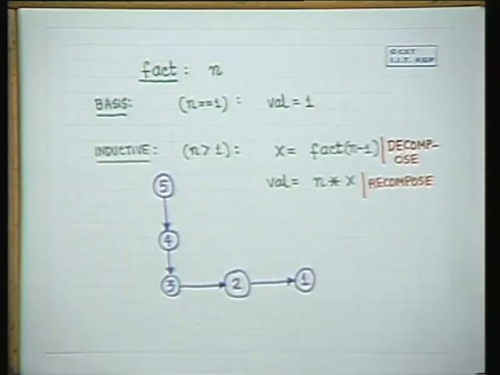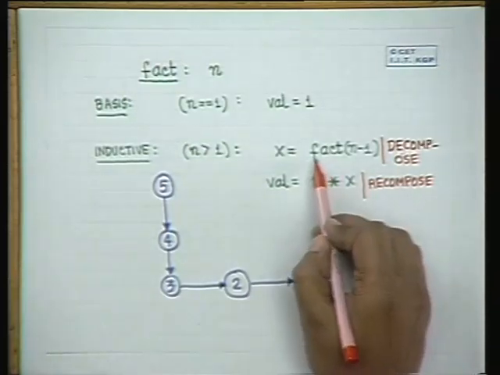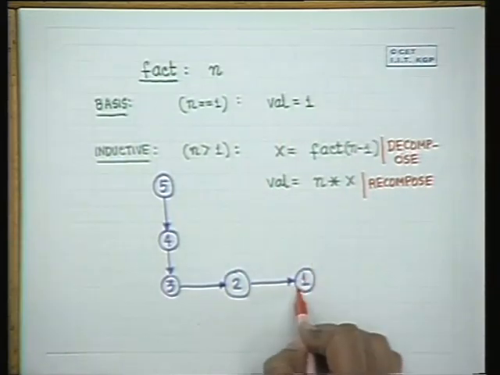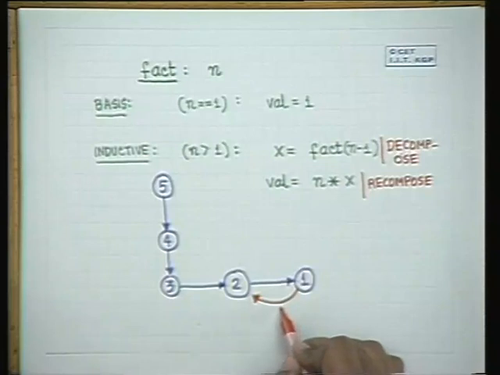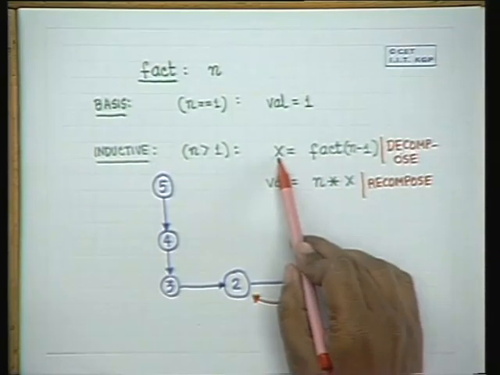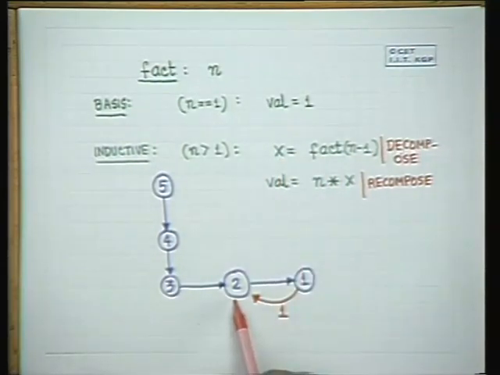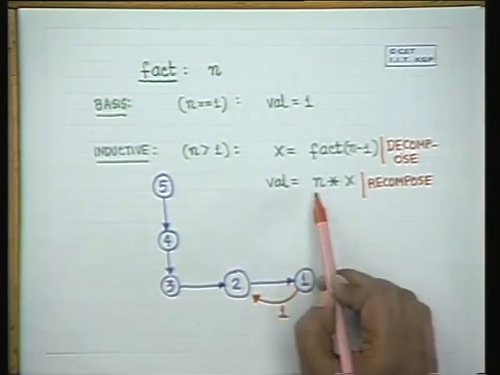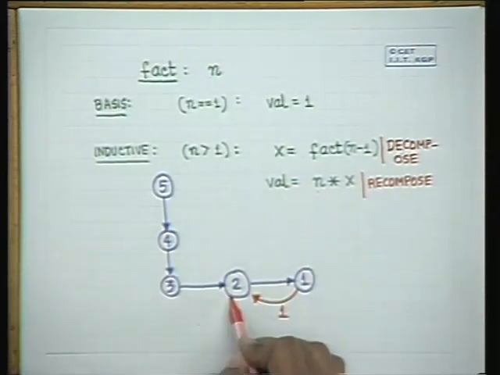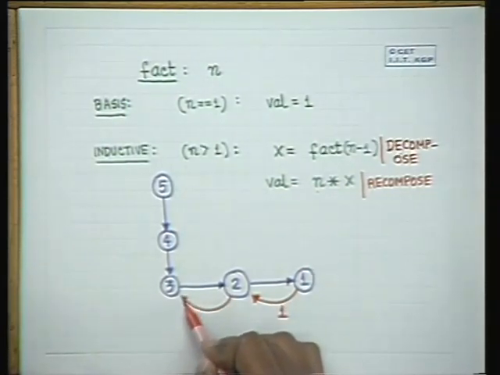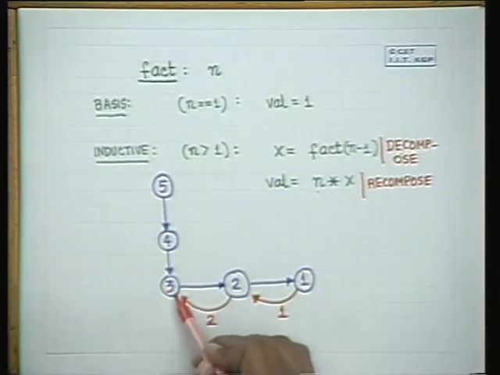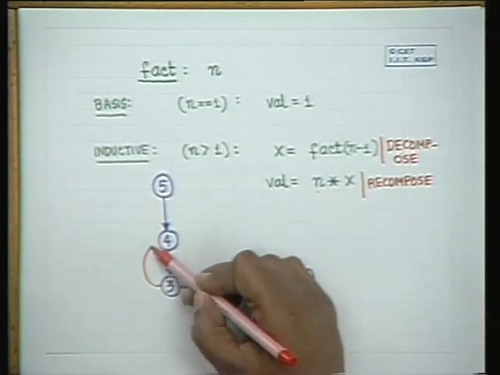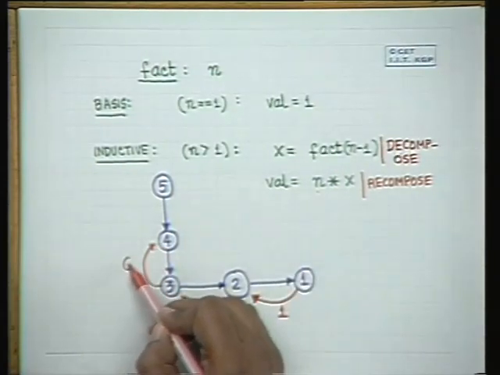Once the problem is solved, this value is returned. And here 1 is returned. That returns the value of x at 2, which does 2 into 1 and returns 2. This does 3 into 2 and returns 6.